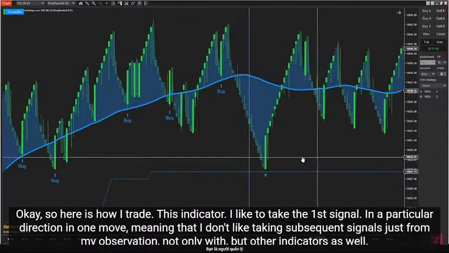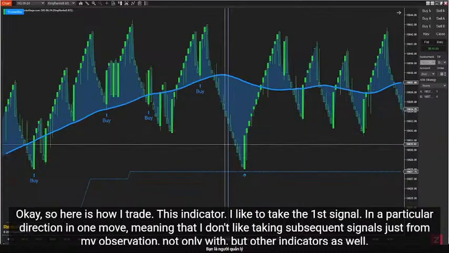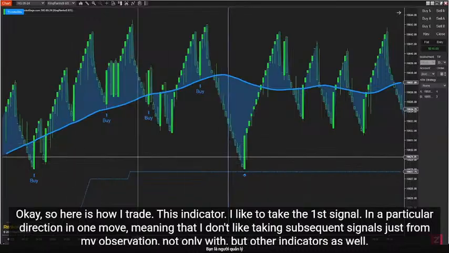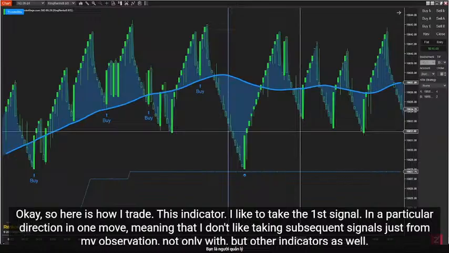Okay, so here is how I trade this indicator. I like to take the first signal in a particular direction in one move, meaning that I don't like taking subsequent signals.